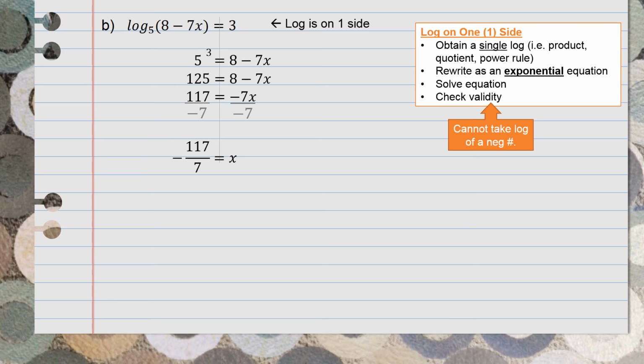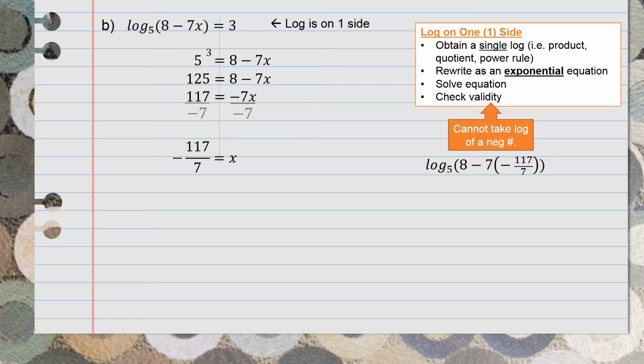You cannot take the log of a negative number. So if I go back to the original, log base 5 of 8 minus 7x. In place of x, I plug in our value of negative 117 over 7. Now notice, inside the parentheses, the grouping, we have to abide by order of operations, which means the multiplication comes first.